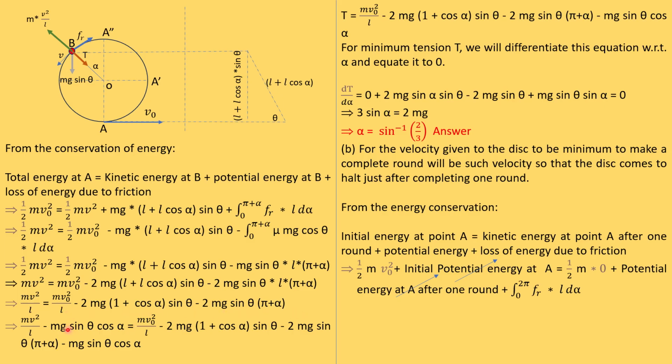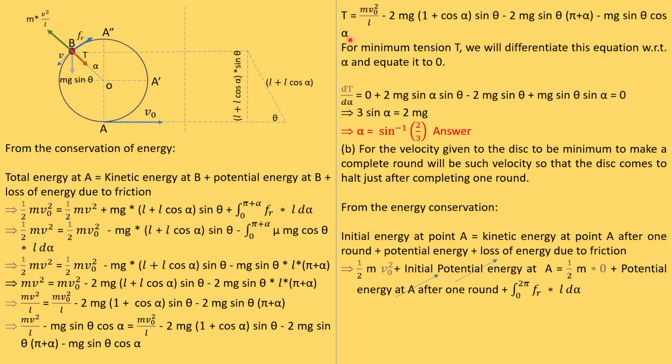If we subtract mg sine theta cos alpha from mv square by L, we will get this equation. But from equation 1, we know that mv square by L minus mg sine theta cos alpha is your tension force, T. So your equation will become this.